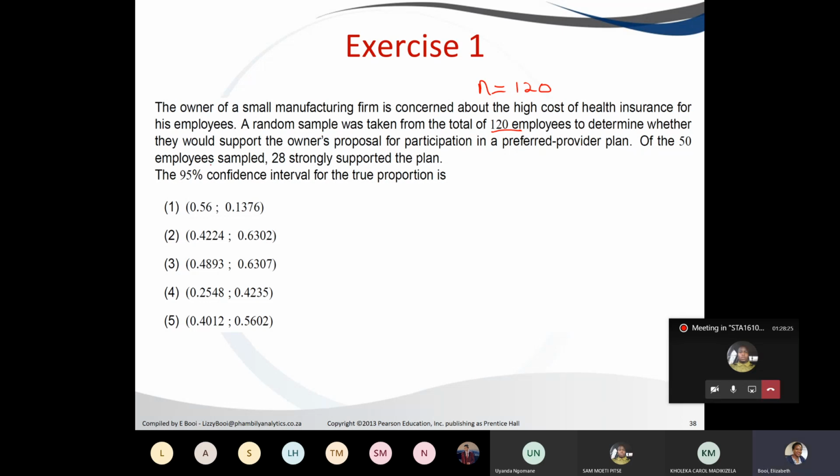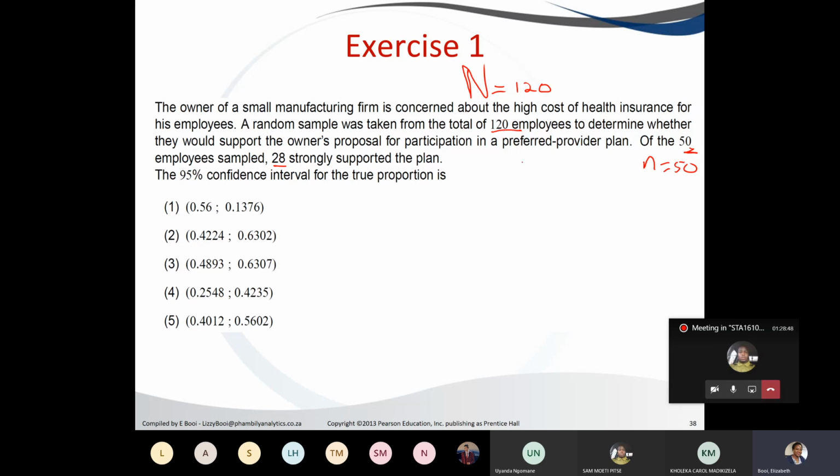Of the 50 employees sampled, so this is our n of 50, 28 strongly supported the plan.